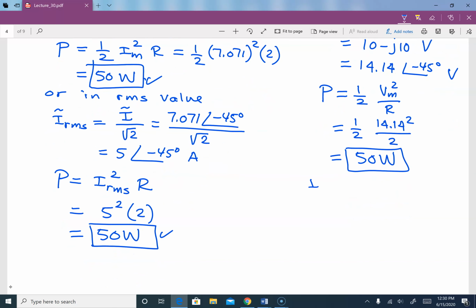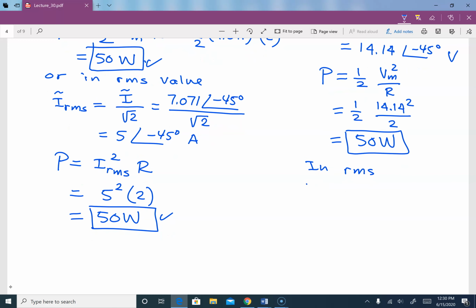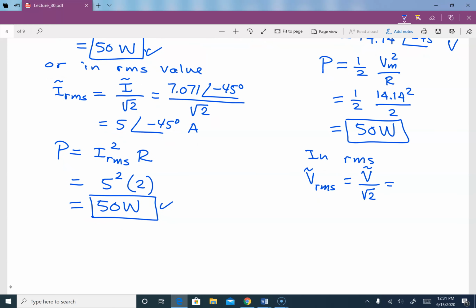In RMS, if we have the values available, our VRMS is equal to V over radical of 2, and that is 14.14 with angle negative 45 degrees divided by radical of 2, and that is equal to 10 with angle negative 45 degrees in volts.